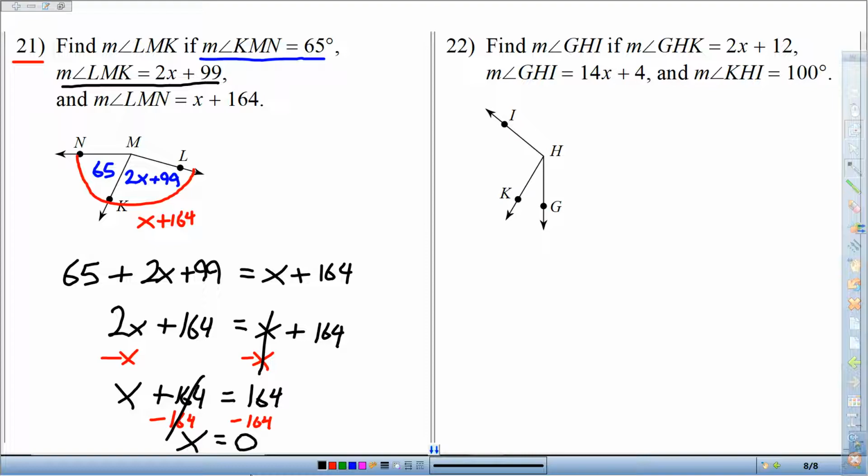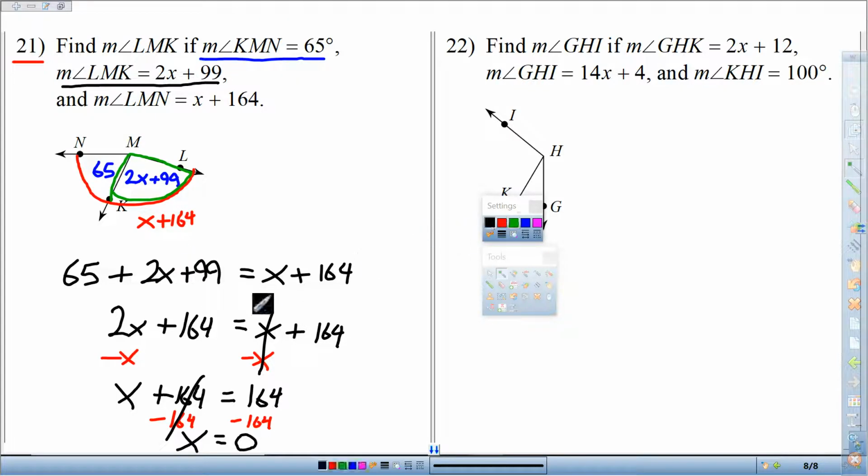If that's all they were asking for, if the directions just said find x, we'd be done with our problem. This wants us to go one more step and plug it back in and find the measure of LMK. Just a reminder, LMK is this value right here, the 2x plus 99. So that's the last thing I want to do. I want to plug it back into that.